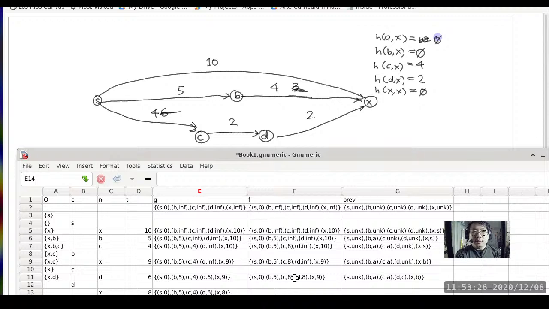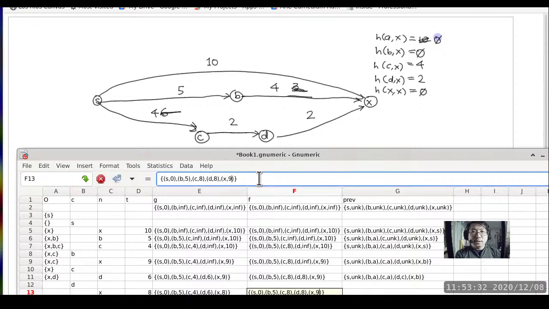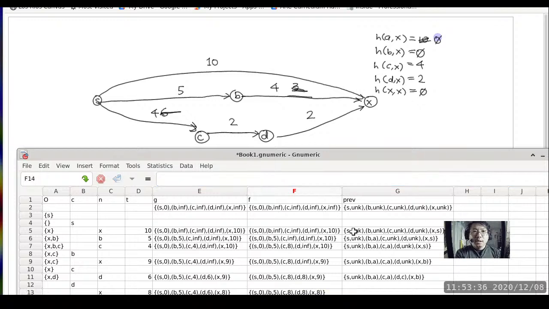And of course, we also have to update the f value. Every time you change the g value, you have to change the f value. But for the destination, they are the same, guaranteed. And then we have to update the previous. Basically, we're saying that to get to the destination, we are not going to go through B anymore.